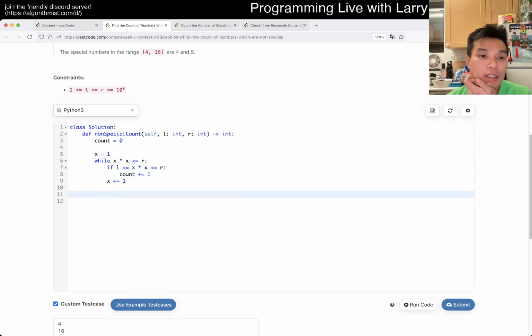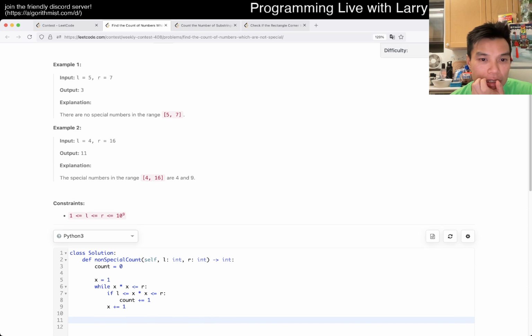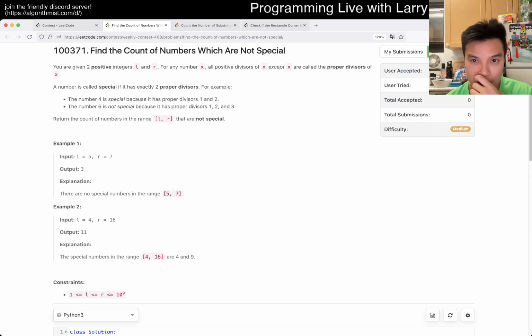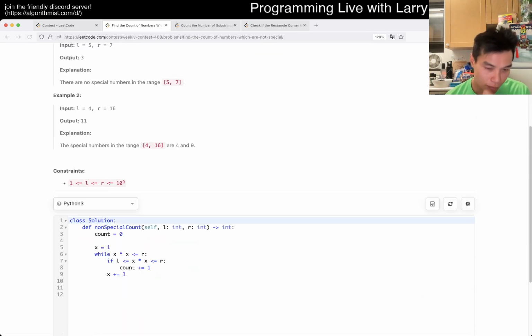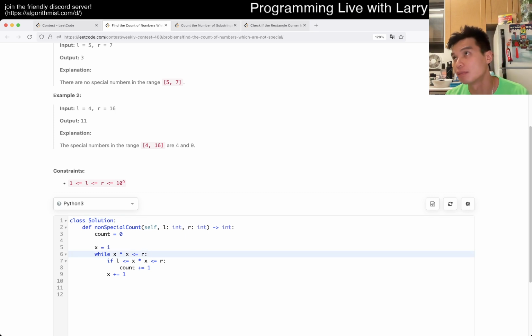Okay, so 16 is not good because 16 has 2 as well. So it's going to be 2, 3, 5. I guess just the primes, right? Okay, well, how do I do it in a good way? Other than sieve. No, you can do 7 to the 10 to the 9.